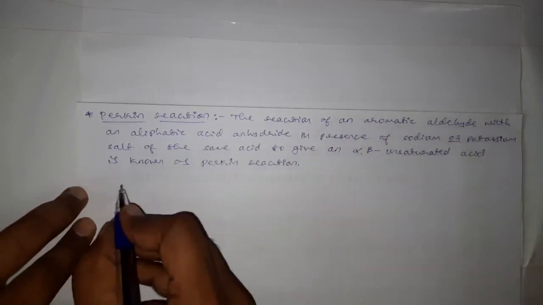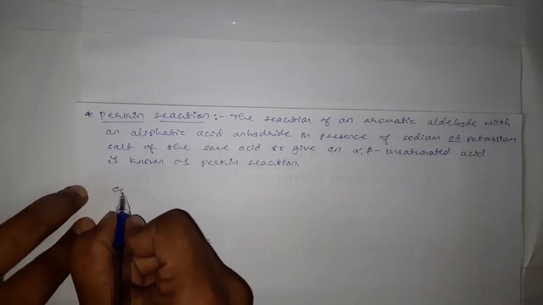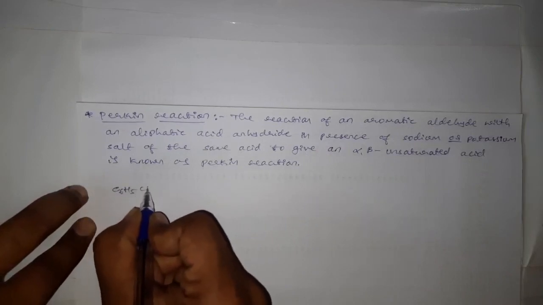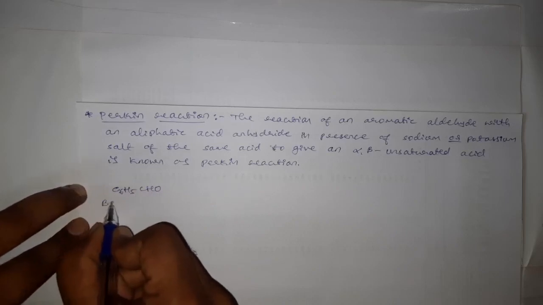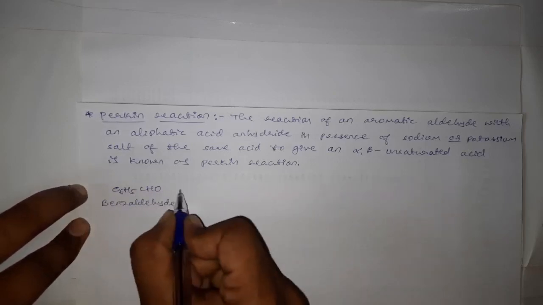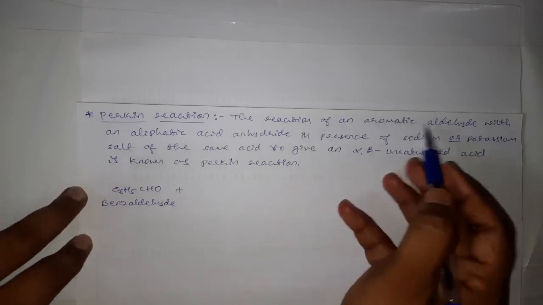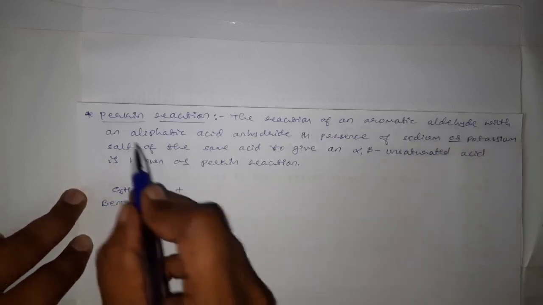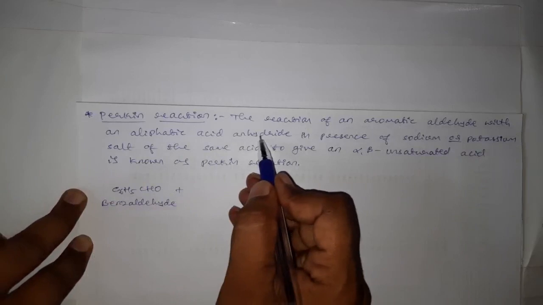For the aromatic aldehyde, I am taking an example of C6H5CHO, benzaldehyde. The reaction of an aromatic aldehyde with an aliphatic acid anhydride.